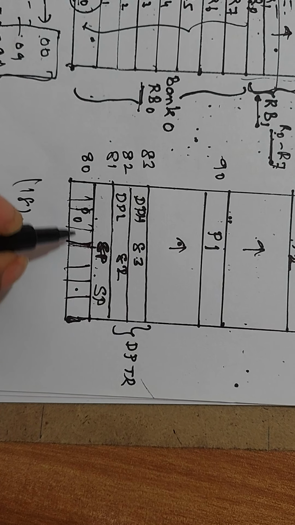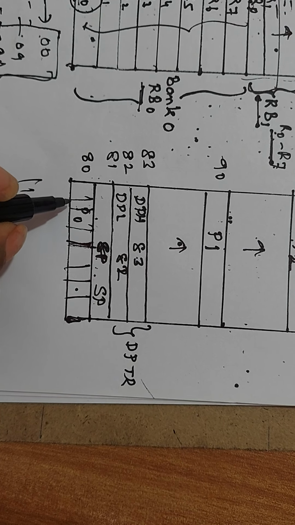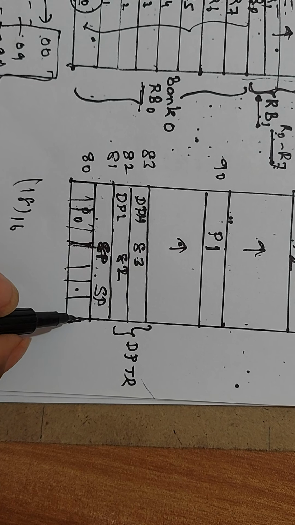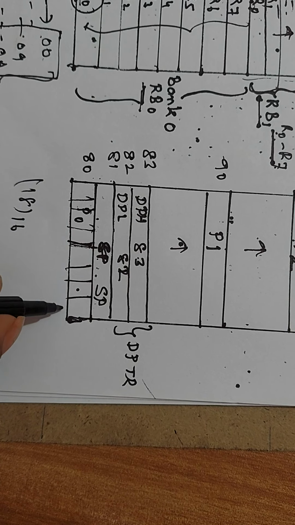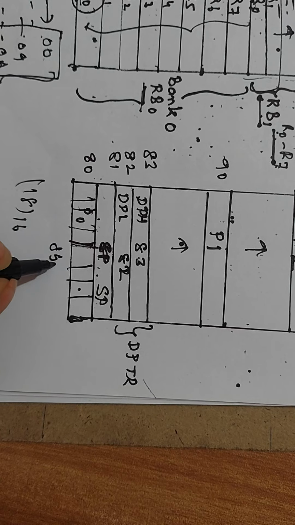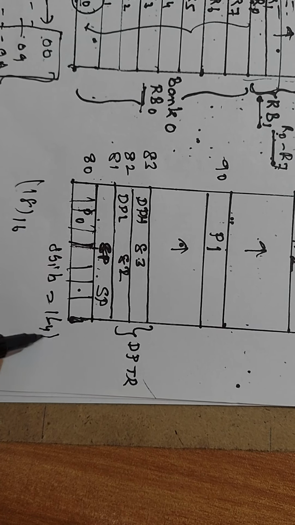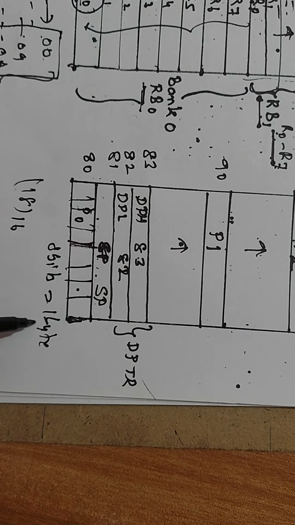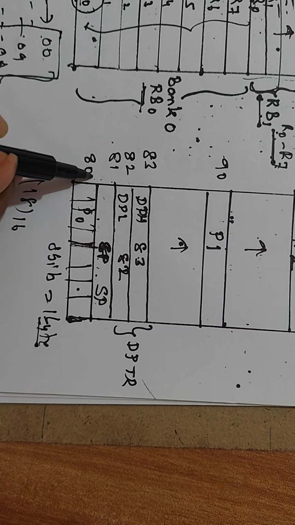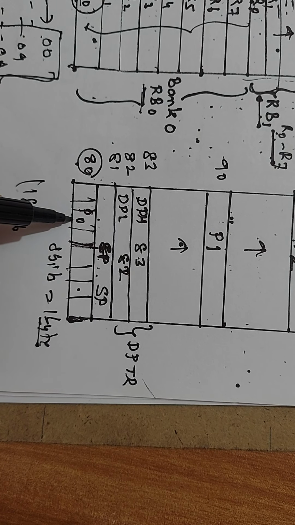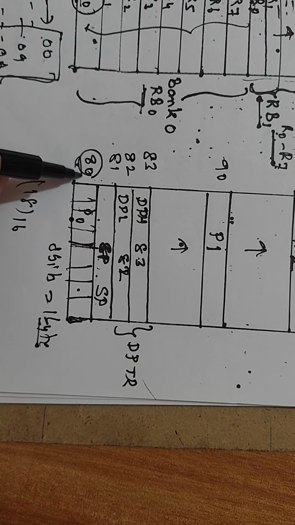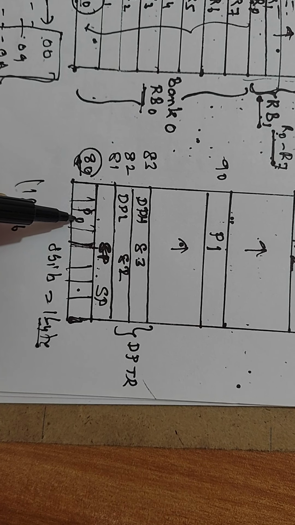Each memory element can store a single bit. Therefore, since P0 has 8 memory elements, it can store 8 bits. 8 bits means 1 byte. So port P0 can store 1 byte, where 80 is the byte address of port P0. You should remember that.